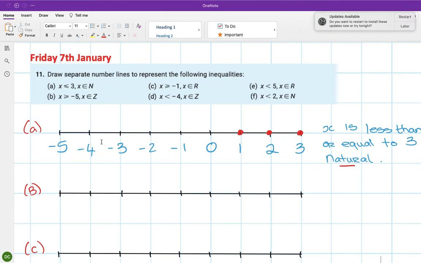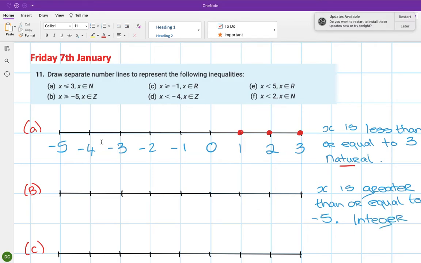Translate first. So x is greater than or equal to minus 5, and it's integer.